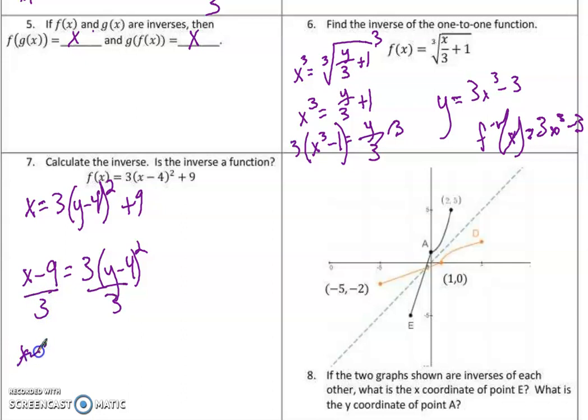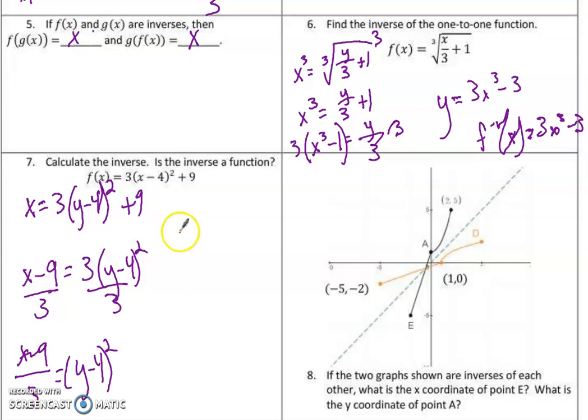So (x minus 9) over 3 equals (y minus 4) squared. Now I've got to take the square root of both sides. That way I can cancel out that squared.